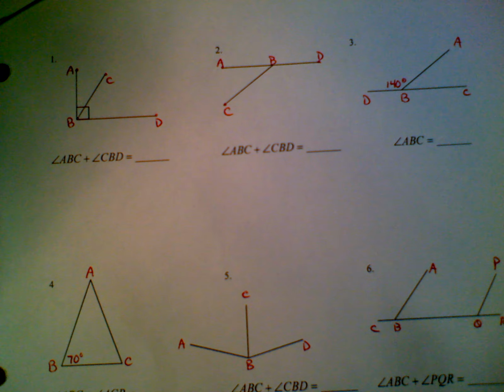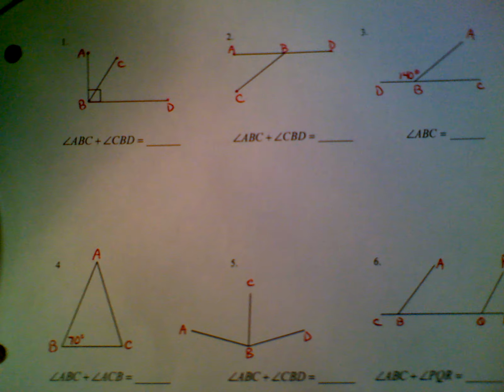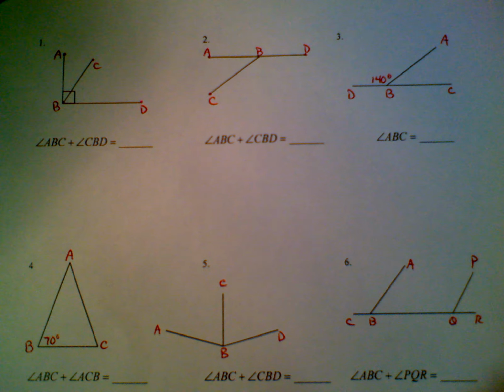The reminders are that you may and should assume that any line that appears to be perfectly straight is in fact perfectly straight. You may not assume that angles that look like right angles, in fact, are right angles, unless you have some indication in the diagram. You may also not assume the relative sizes of angles.